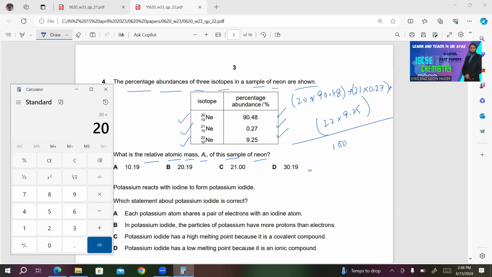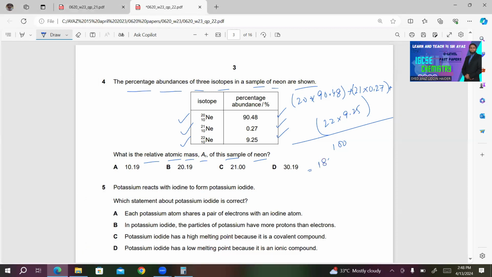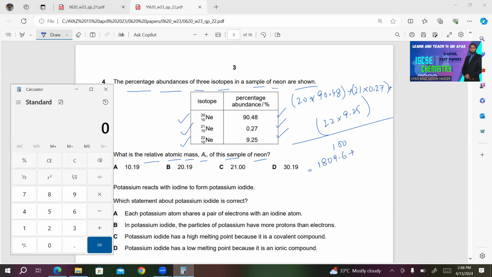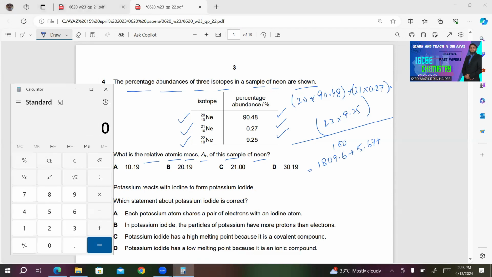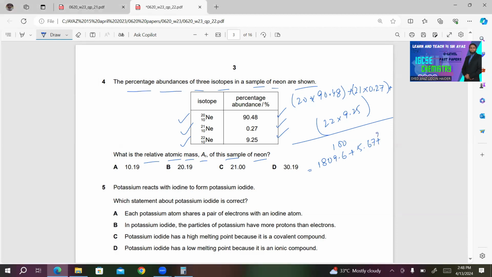20 into 90.48, 1809.6, plus 21 multiplied by 0.27, 5.67, plus 22 multiplied by 9.25, 203.5, divided by 100.